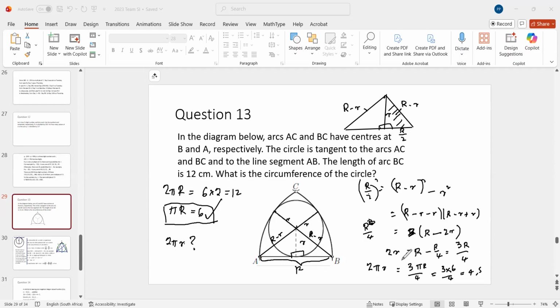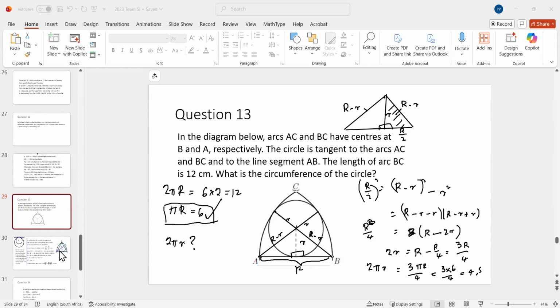So all I have to do is multiply this by pi on both sides, which I have done. And I know that pi R is 6. And I can't find any errors in this. But let's just go and see what my answer is, because I don't remember 4.5, to be quite honest. Somewhere along the line I made a mistake.